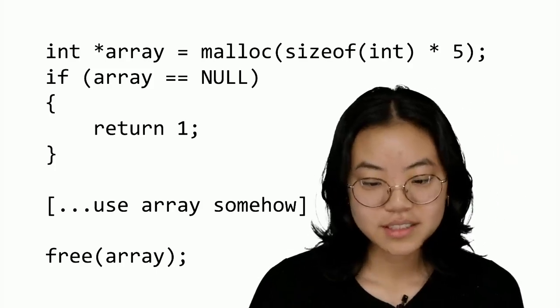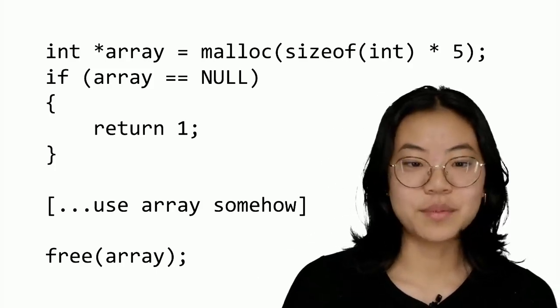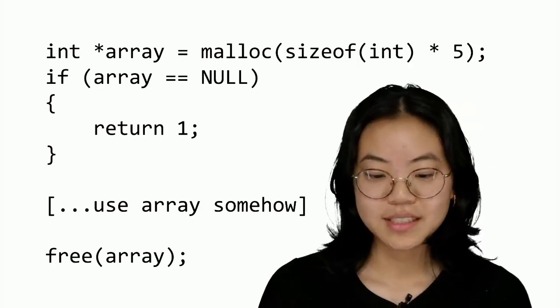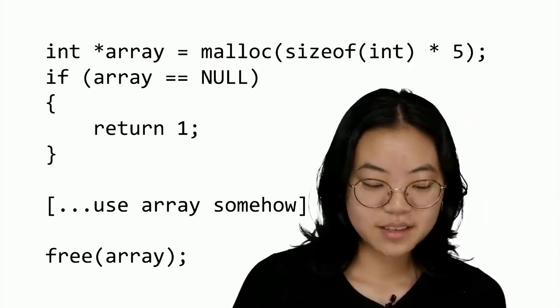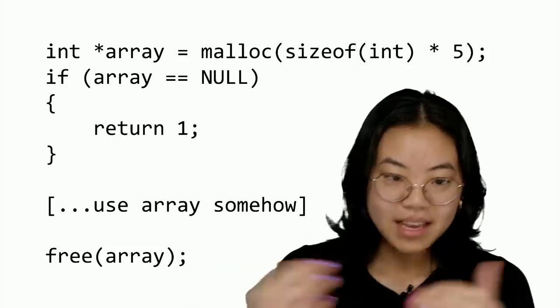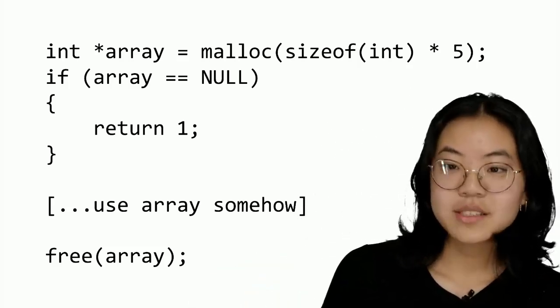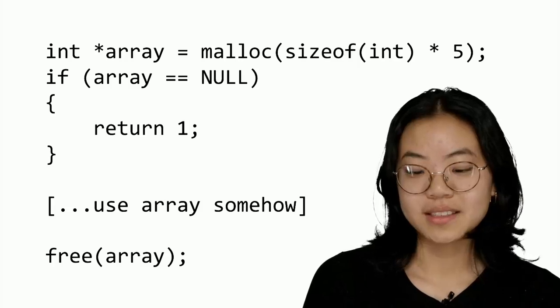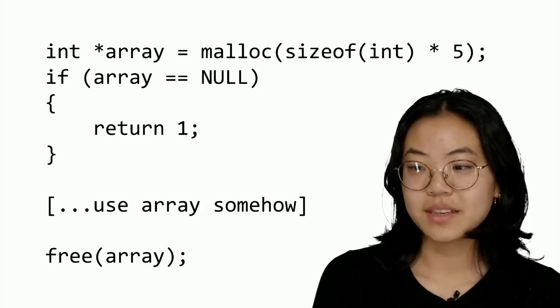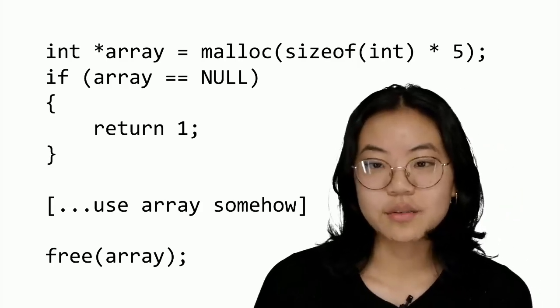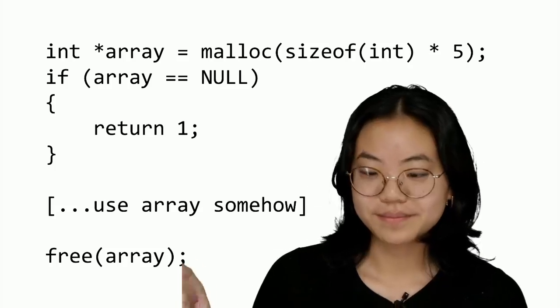If it is null, there's nothing to do, the computer didn't have enough memory to give us, so we should return 1. Then we might use this array pointer somehow, but at the end of that program, we always need to make sure that we're freeing this array, or freeing that memory that the computer has given us. Because otherwise, we're going to run into some memory issues.